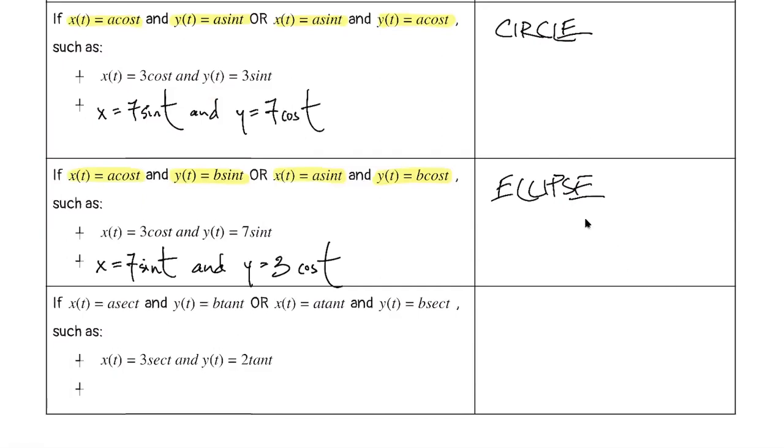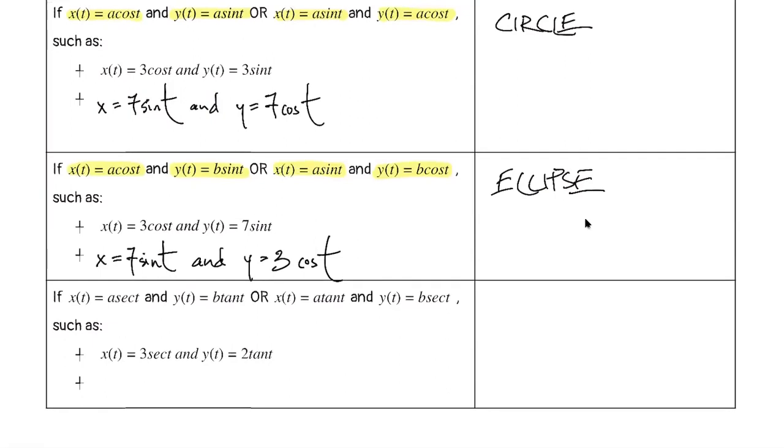All right, last but not least, if you have a situation where you have the secant and a tangent, okay? So secant and tangent, that is going to give us a hyperbola.